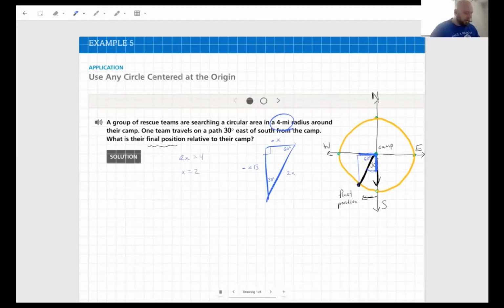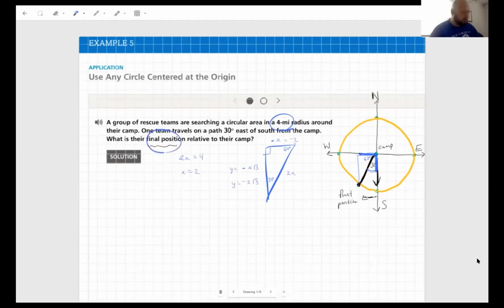And on our shape, we can see x is therefore going to be negative 2. And we can see our y value is going to be negative 2 square root 3. So the final position is a coordinate point.